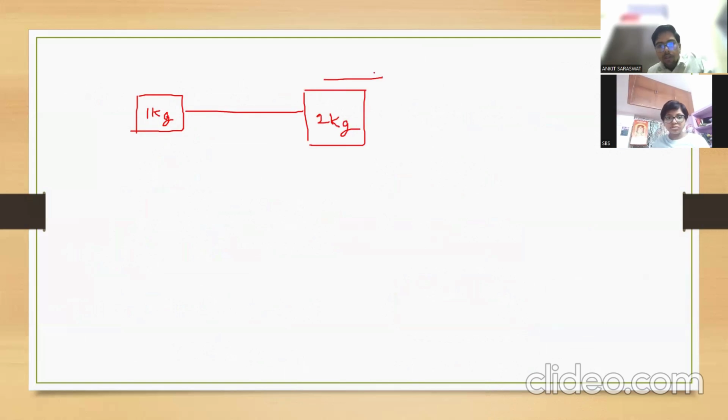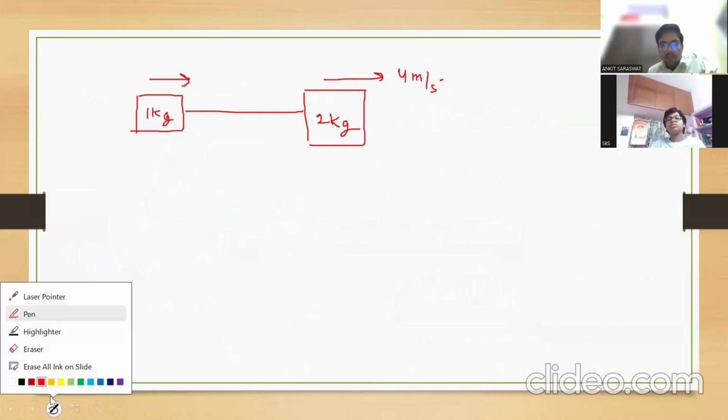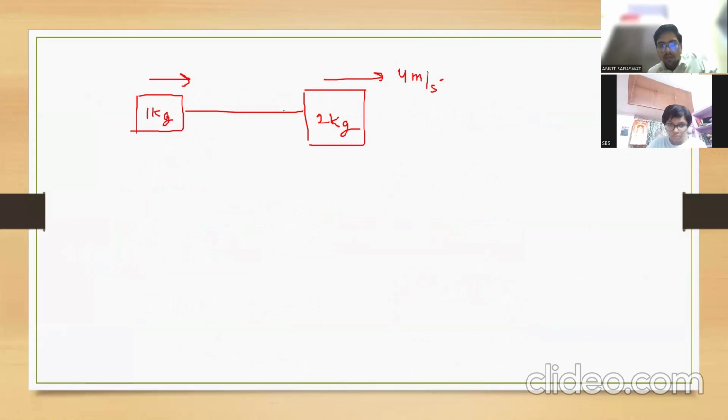If this 2 kg block is going to the right with 4 meter per second velocity, then what is the velocity of the 1 kg block? That is also 4 meter per second. Yes. If you don't know this also, then apply the concept. The string will apply tension like this, here also tension like this, net work done, force into displacement.